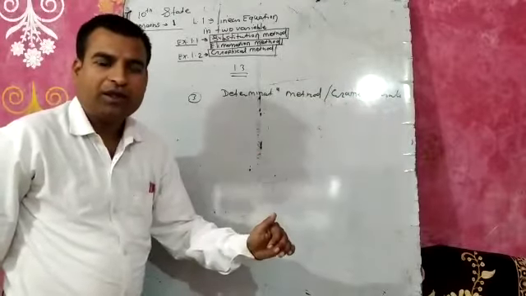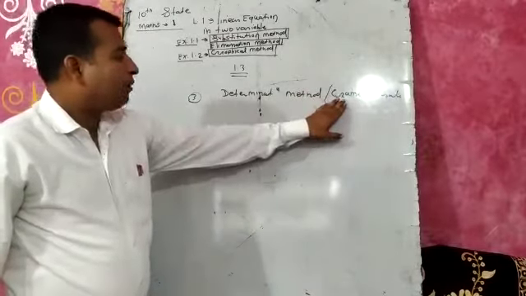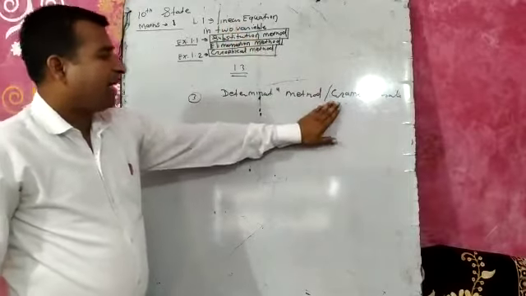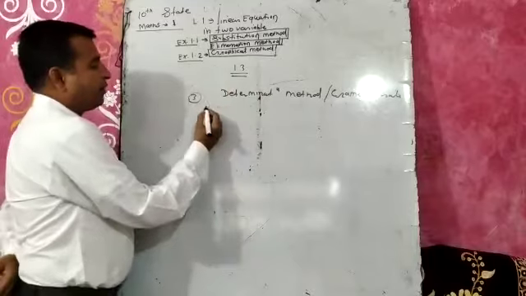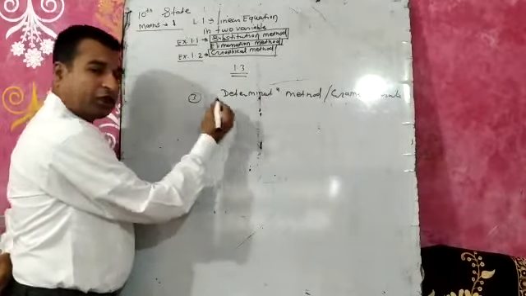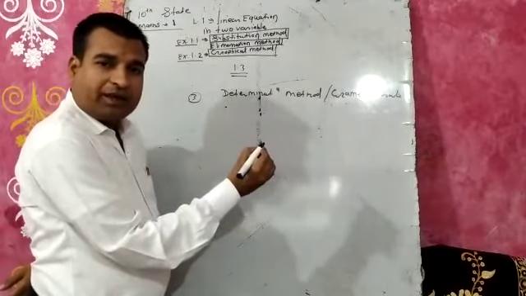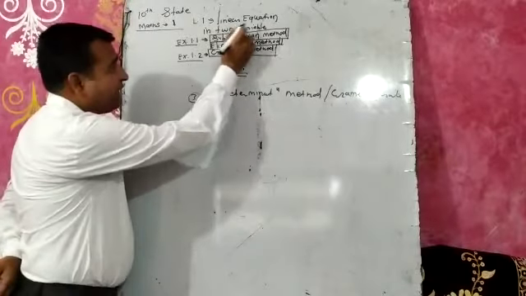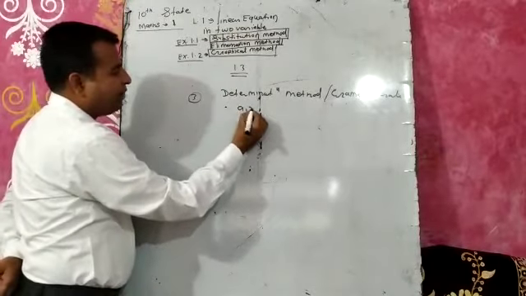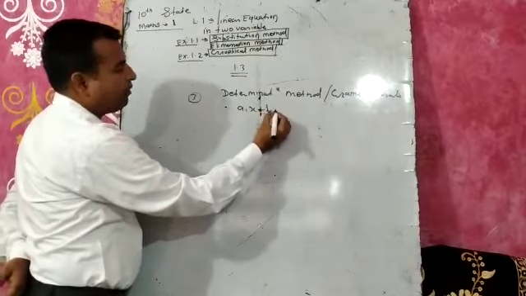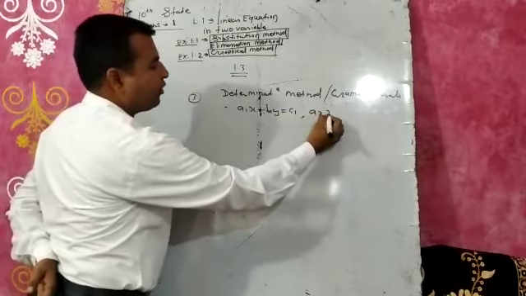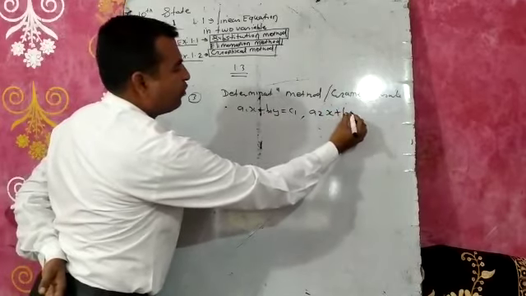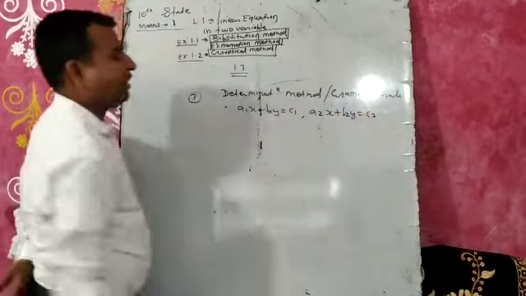How to solve this type of problem by Cramer's rule? Let us see. The standard form of the given simultaneous equations is a1x plus b1y equal to c1 and a2x plus b2y equal to c2.